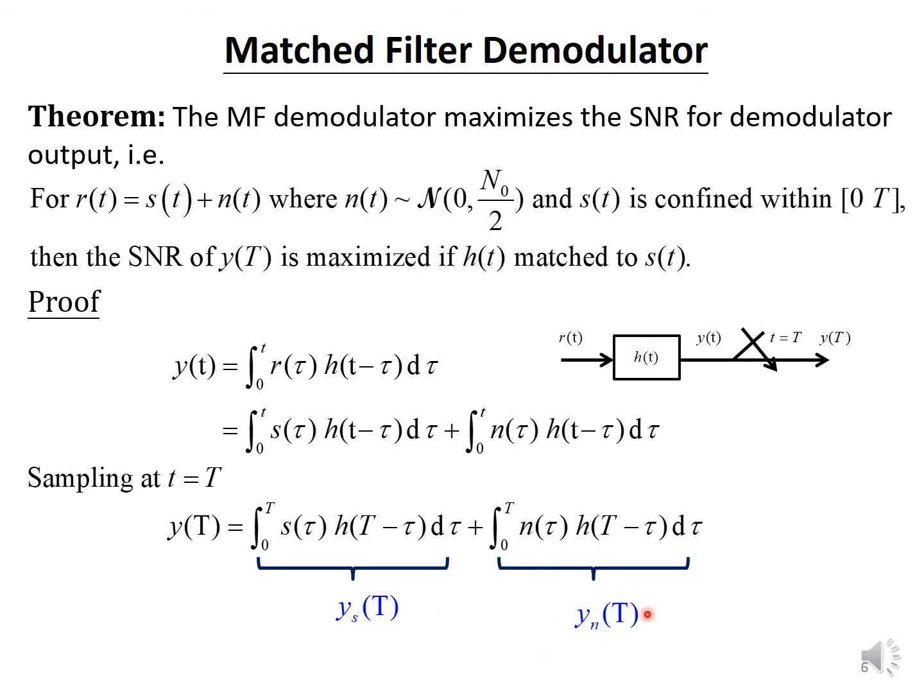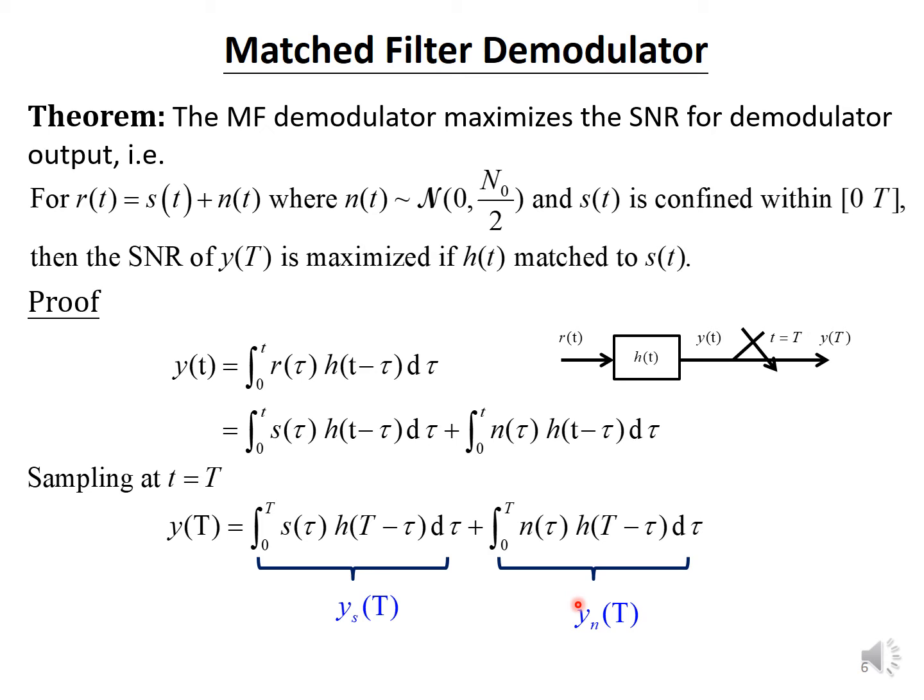And the second part we call Y_N(T), that would represent the noise part of the sample. Okay, the sample contains two parts, the signal part and the noise part.